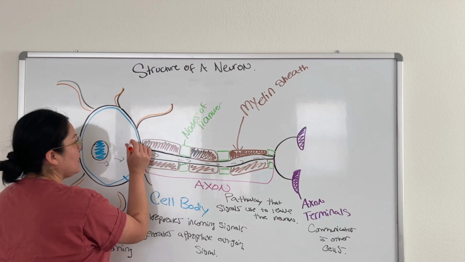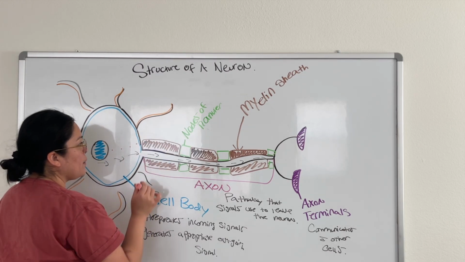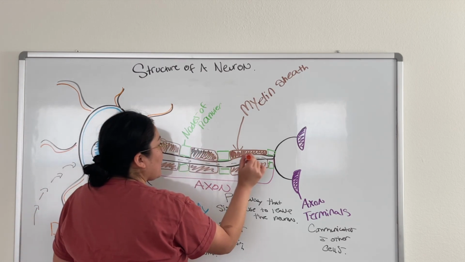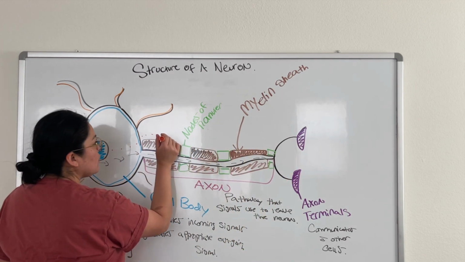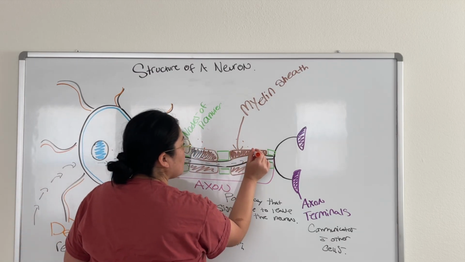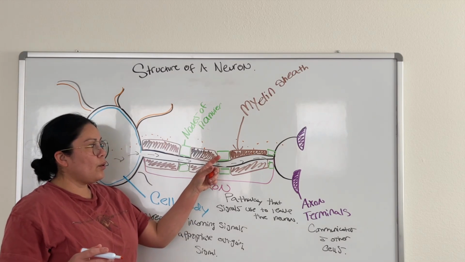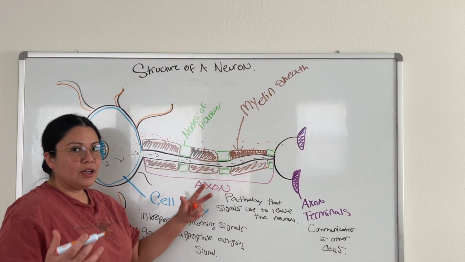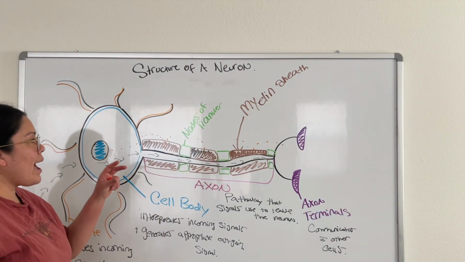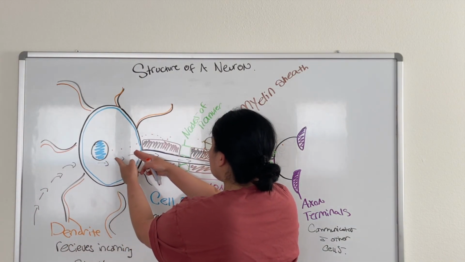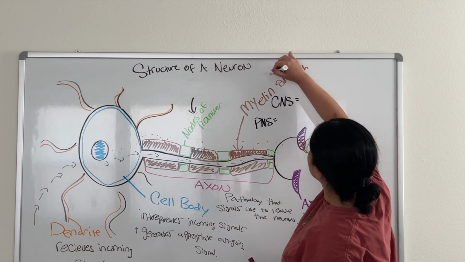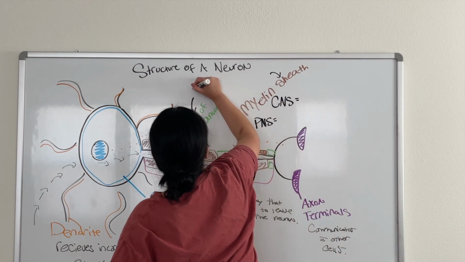Let's just say this is the electrical impulse coming out this way, okay? This electrical impulse, instead of going straight down the axon, jumps from myelin sheath to myelin sheath to myelin sheath. Doing so helps speed up the conduction. So the myelin sheath and the nodes of Ranvier help speed up the electrical impulse down the axon.